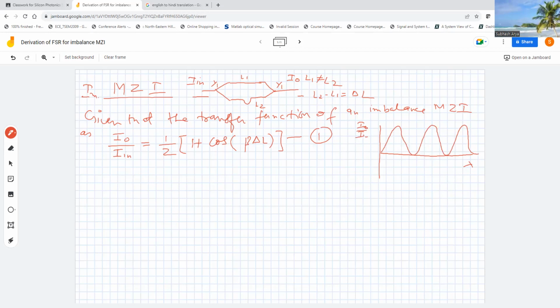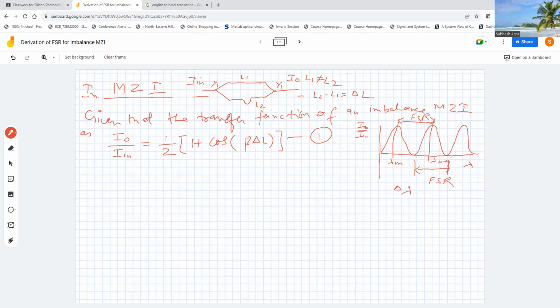The spacing between these two consecutive peaks is called FSR. Or you can write this is also an FSR, two consecutive destructive interferences. So you see FSR is nothing but a delta lambda, where suppose this is lambda m plus 1, this is lambda m.